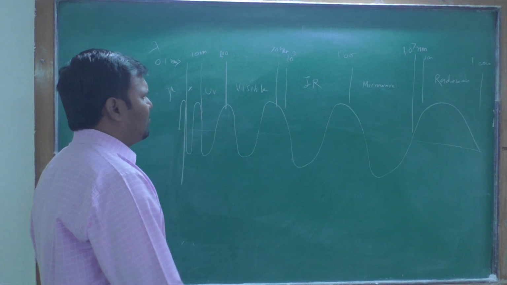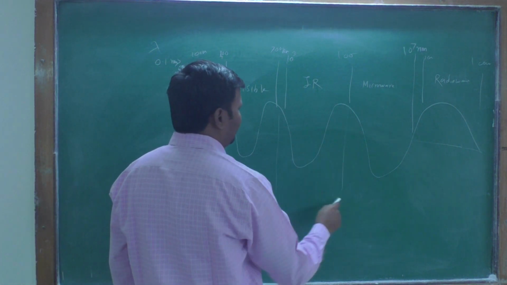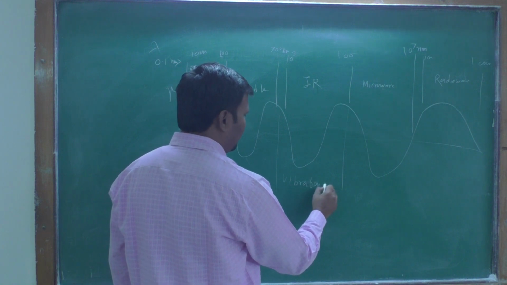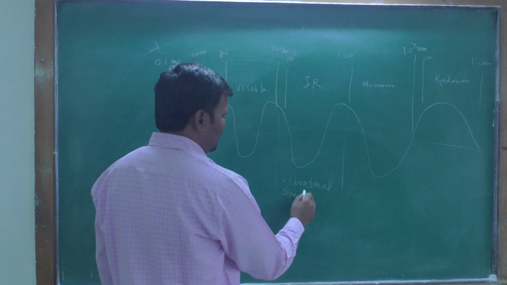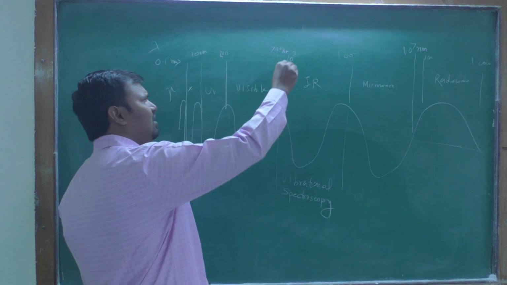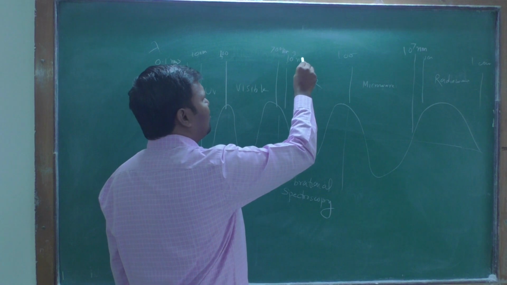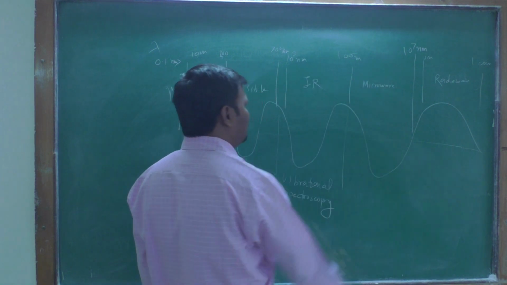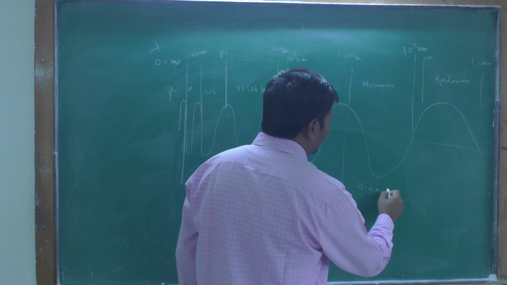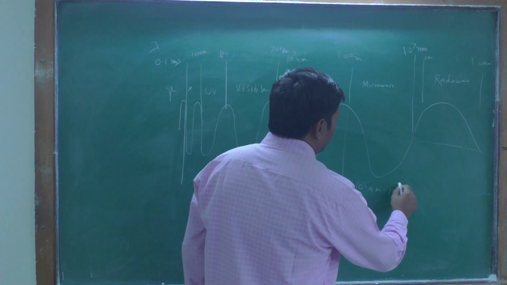In the IR region, vibrational spectroscopy is possible. The region of vibrational spectroscopy is 10 raised to 3 nanometer to 10 raised to 5 nanometer. The region of microwave spectroscopy is 10 raised to 5 nanometer to 10 raised to 7 nanometer.